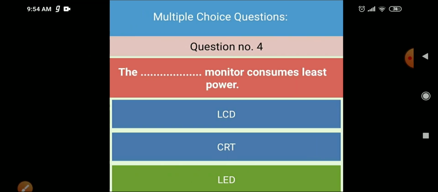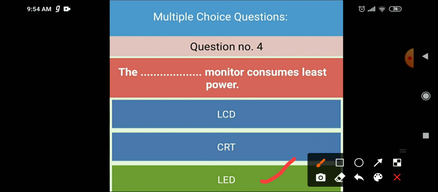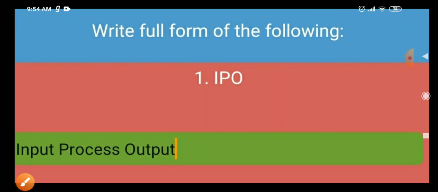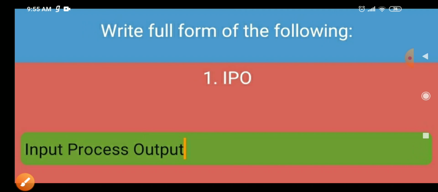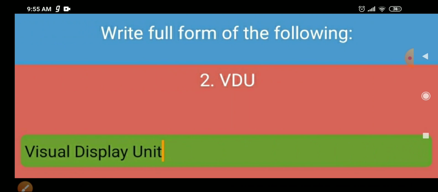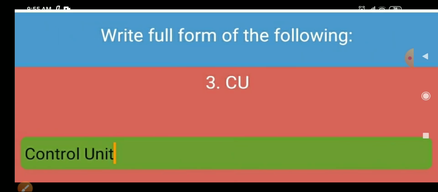Next is, the dash monitor consumes least power. LED monitor consumes least power. Next, full form of IPO: input, process, output. Full form of VDU: visual display unit.